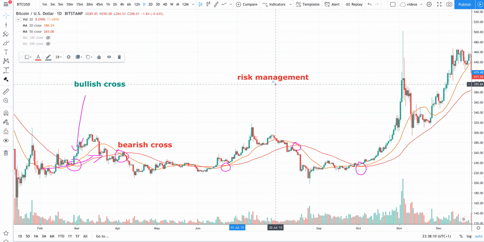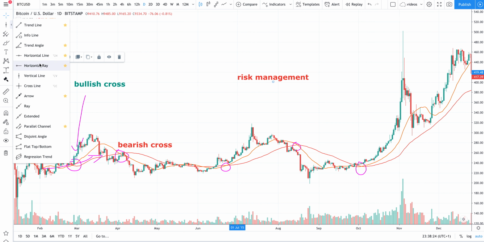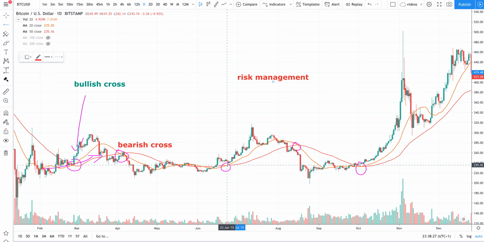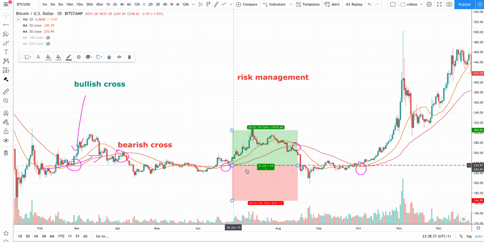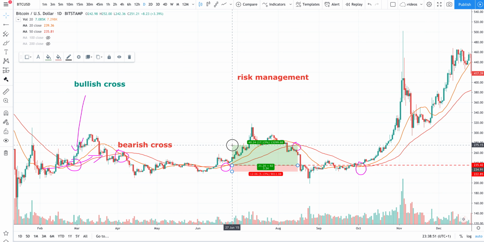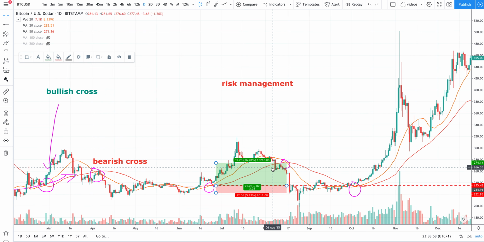It must be explained very well in a specific video, but what I can explain here very easily is that if you decide to enter a position because you see a bullish cross, for example here, and you decide to have a 5% stop loss, something like this, then be sure to have a reward ratio which is at least 3. Okay, it must be at least 3.